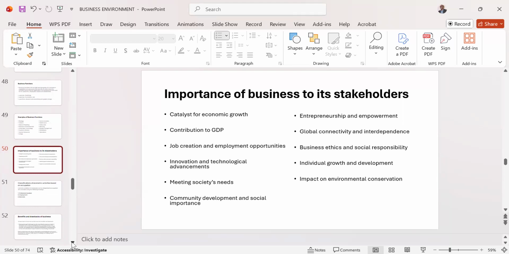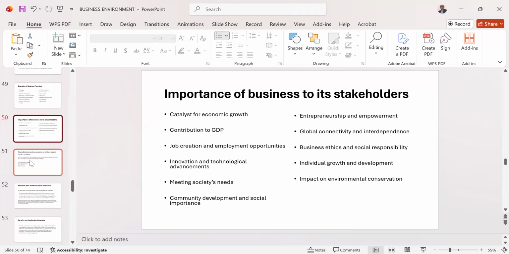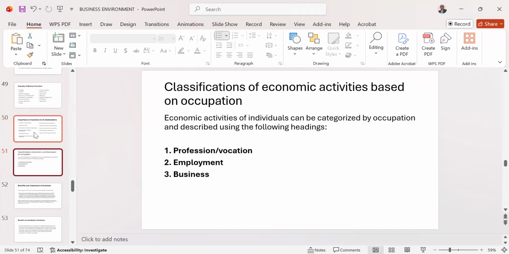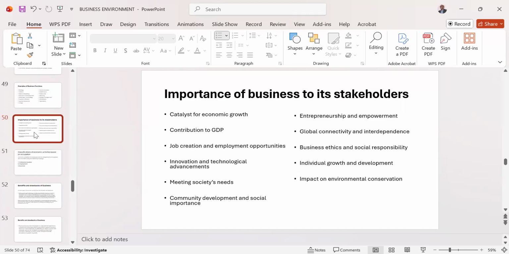In a situation where a business is into maybe manufacturing, and they have wastage, in terms of pollution.